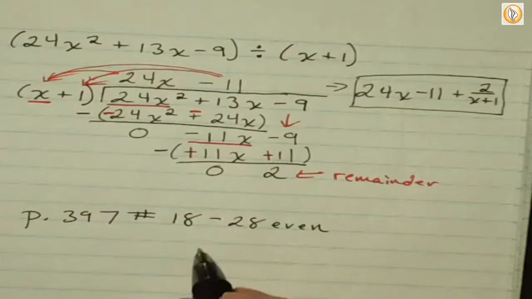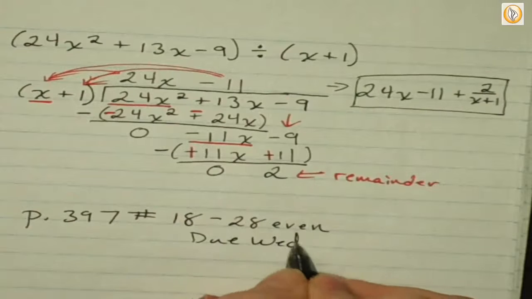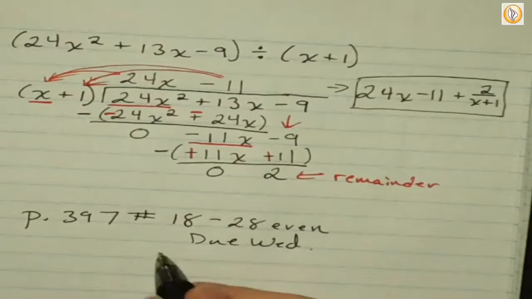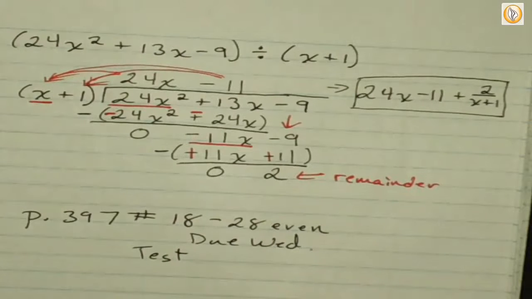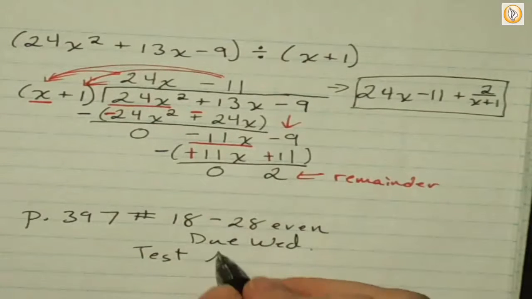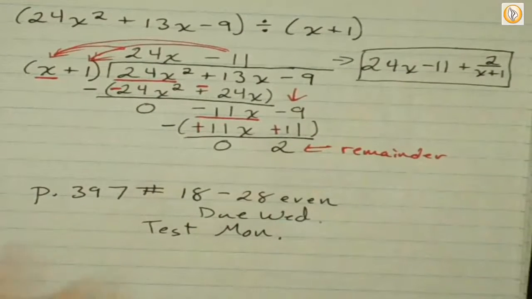Now 28, you're going to have to rearrange those terms right there. See how they're not in order? This is going to be due Wednesday. And your test, because this is it, your test will be Monday on the entire chapter. All right, get to work.